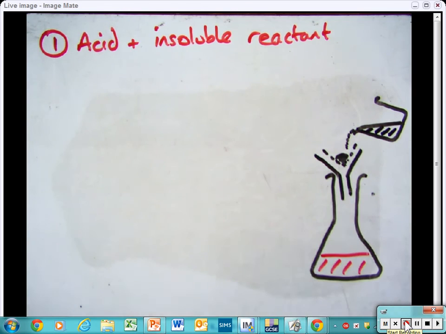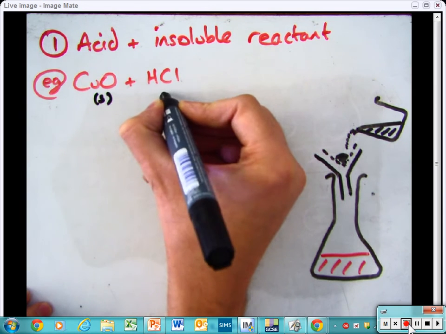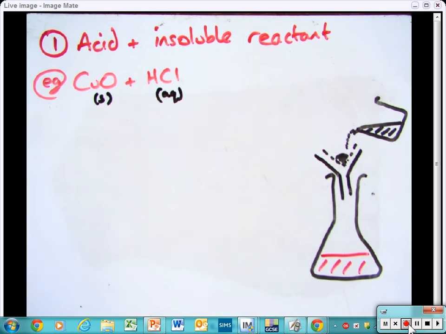The first method is by reacting an acid and an insoluble reactant together. So for example, reacting copper oxide, which is a solid and insoluble, with hydrochloric acid. When you react those two together, it will form copper chloride.